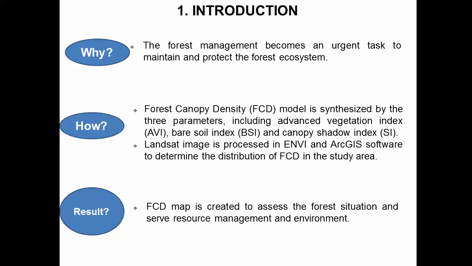In this case study, the forest canopy density (FCD) model is synthesized by three parameters, including the Advanced Vegetation Index (AVI), the Bare Soil Index (BSI), and the Canopy Shadow Index (SI).